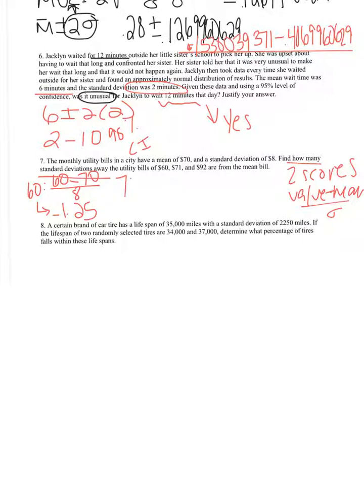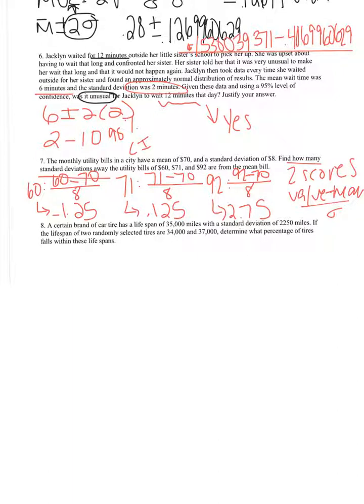For 71, 71 minus 70 divided by 8, 0.125 standard deviations away from the mean. So that one's nice and close. 92 then, 92 minus the mean, divided by 8, gives me 2.75 standard deviations away.